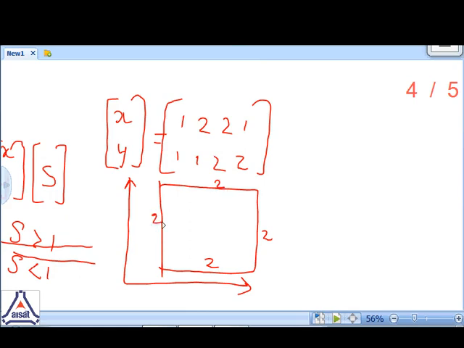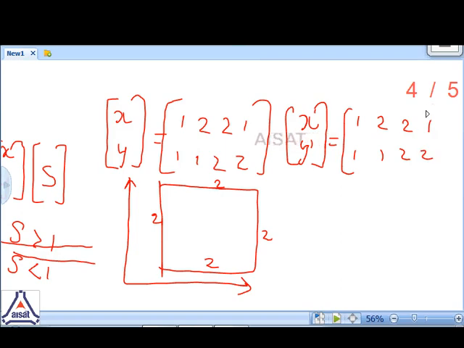So how do we get that? In order to get the final coordinates x dash y dash, we have to multiply the initial coordinates with the scaling matrix. Then what is the scaling matrix? I am going to double this diagram. So we have to multiply with the matrix 2 0 0 2, where 2 denotes how much enlargement we need.